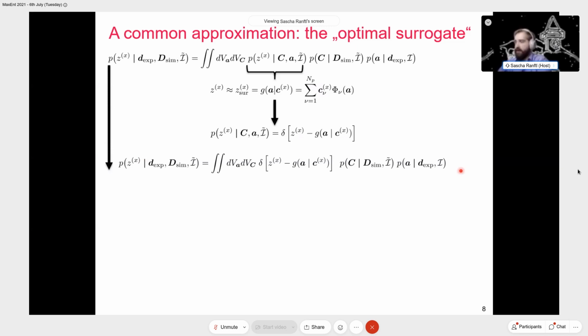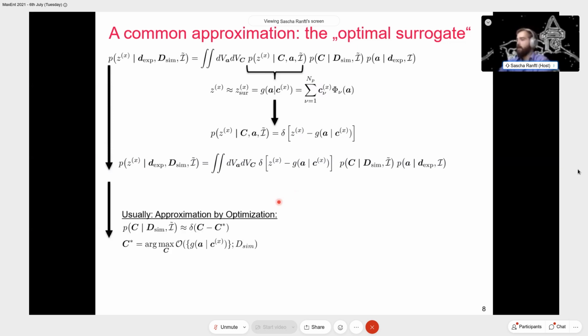Now we still haven't really approximated anything, but here comes what you usually would like to do. You would like to look at this term here, the posterior probability for the regression coefficient C given your simulation data, D. And you would like to say that this can be approximated by a delta that is located at some optimal regression parameter set C star, where the C star is defined by some optimality criterion O that usually depends on the parameterization of your surrogate function and, of course, also the data.